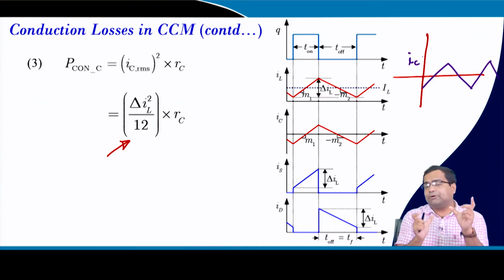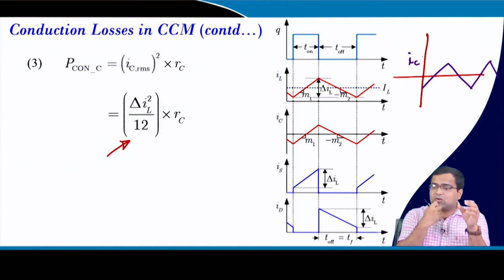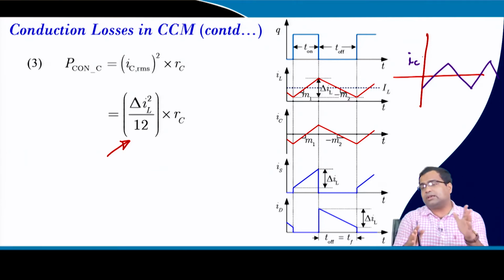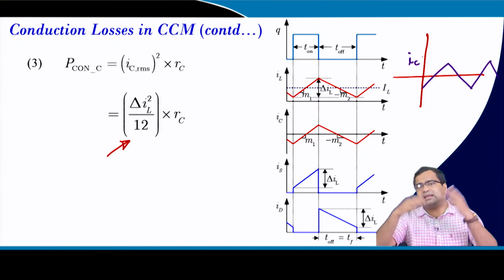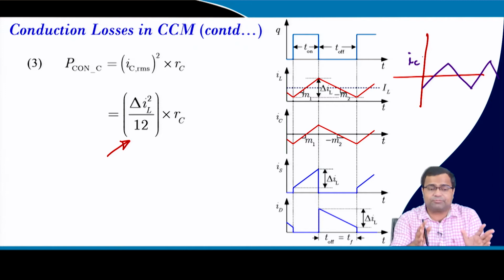But if we take a diode-based implementation, this will be problematic, because the diode will not allow negative current, and you have to be very careful about the closed loop control, otherwise your output voltage can drastically increase and go up to the input voltage. So you have to be very careful.